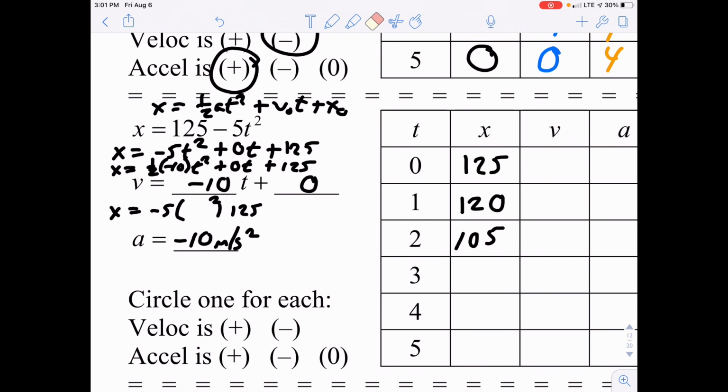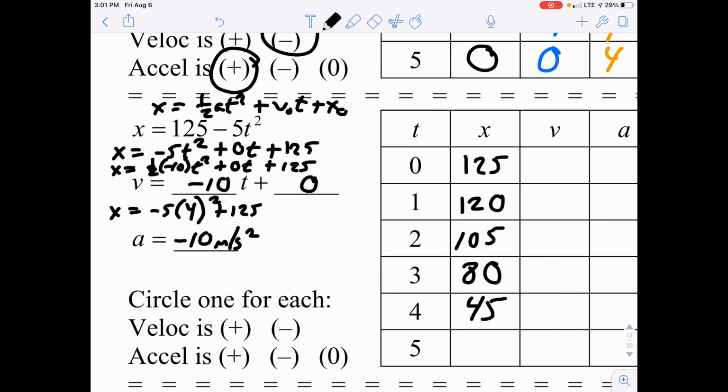Then the next one would be 3. So 3 squared is 9 times 5 is 45. So negative 45 plus the 125 would be 80, right? And then we have 4. 4 squared is 16 times 5 is 80, so negative 80 plus the 125 would be 45, right?